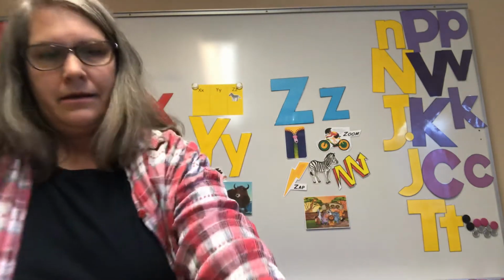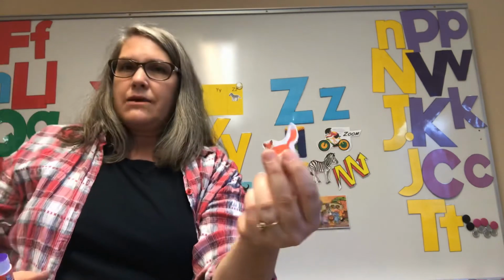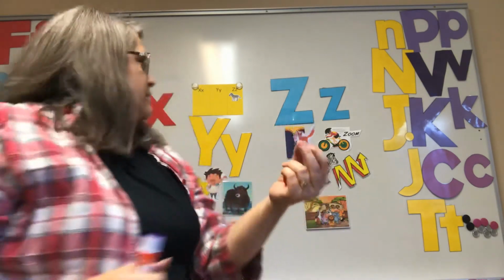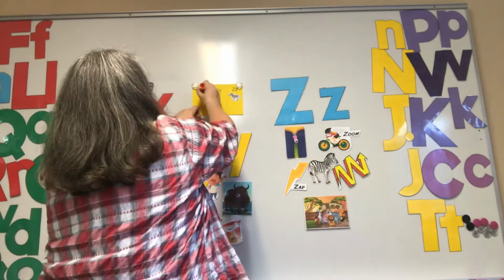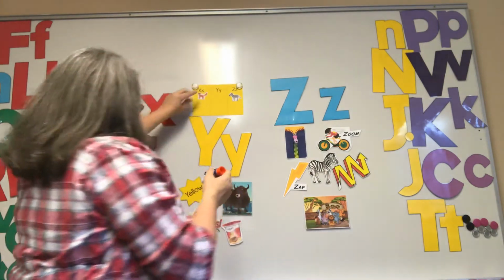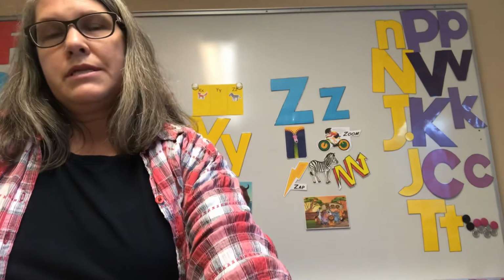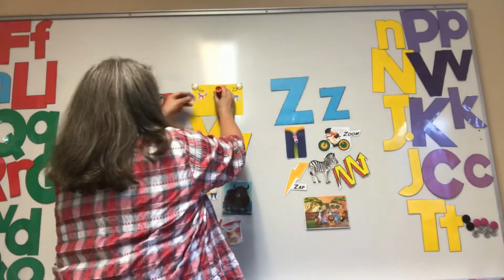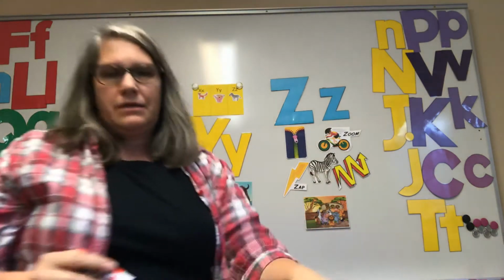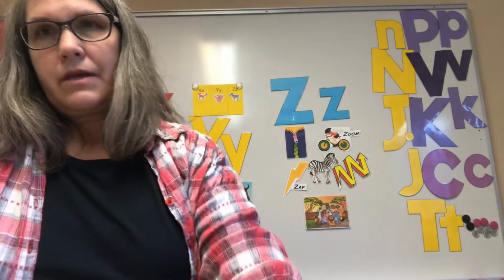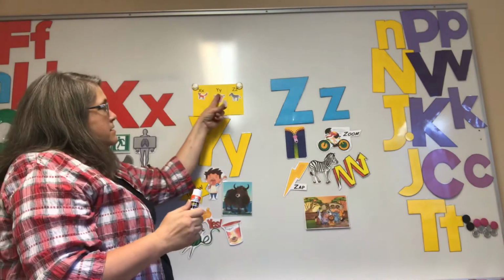And the fox, what is the sound at the end of fox? Fox. There's a different fox in our picture. This one's brown, that one's red. And this little girl is so tired. She's stretching and yawning. Yawn starts with Y. Here is a box.